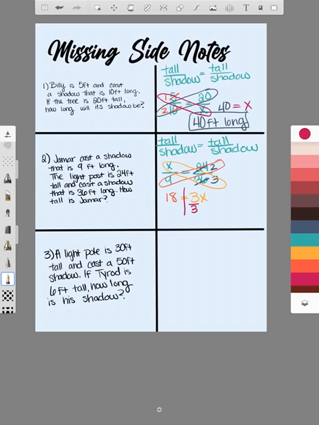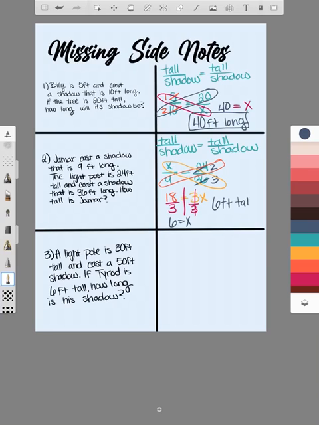I'm dividing by 3 on both sides because 3 and x are multiplying, and the inverse operation is division. And what we do to one side, we have to do to the other. So 18 divided by 3 is going to get me 6. And now I'm left with 1x, or just x. So now I know that Jamar is 6 feet tall.